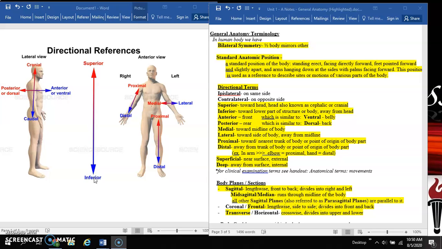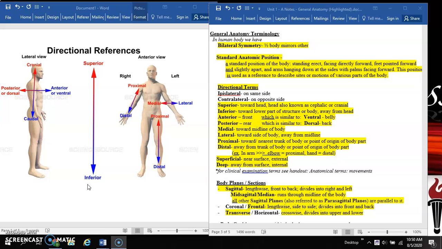It can apply to individual organs. For example, you can talk about the inferior side of any organ in the body versus the superior, and if that person was standing, we would know about where they're talking about on that organ. But it can also be used in general anatomical terminology with the human body.